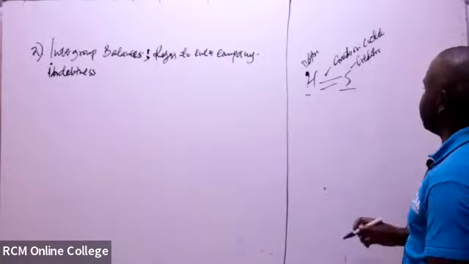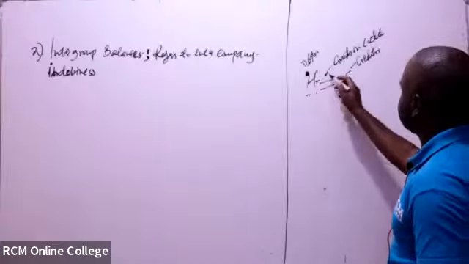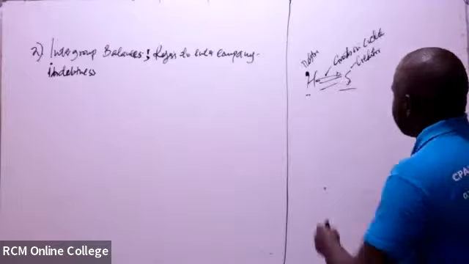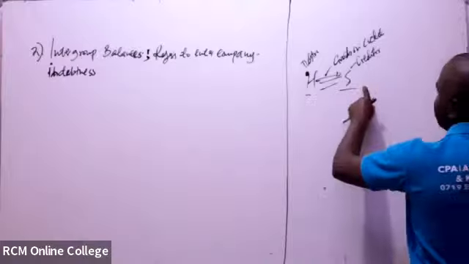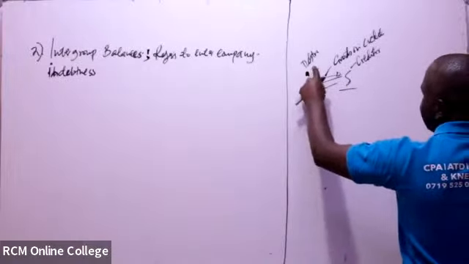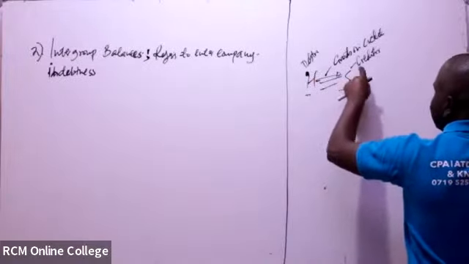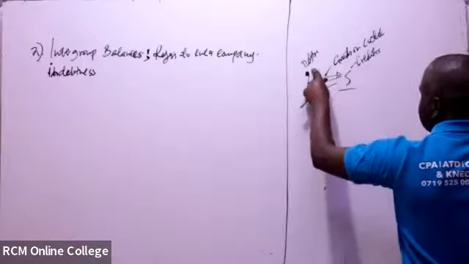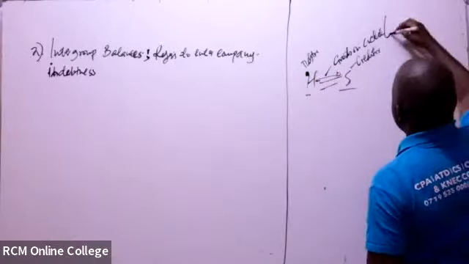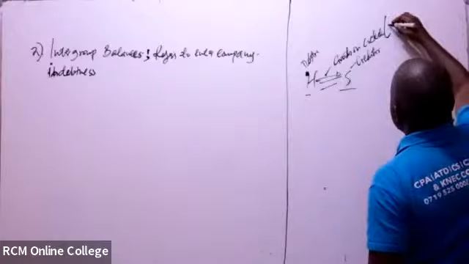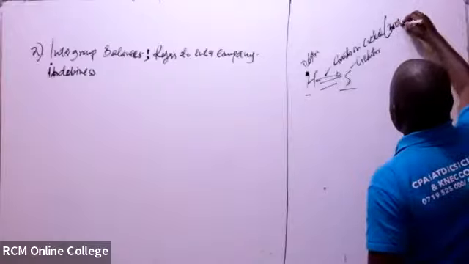This is because this one is the one that sold goods. So if they sold goods on credit, this one becomes the creditor. Maybe these goods sold on credit were worth, let's say, for example, 300,000, 300K.